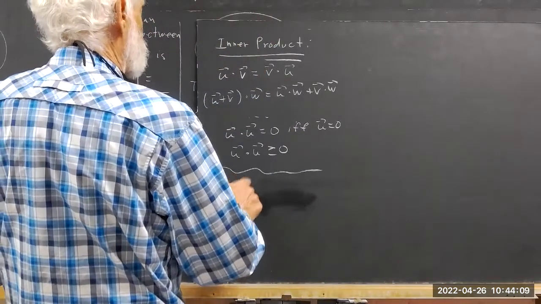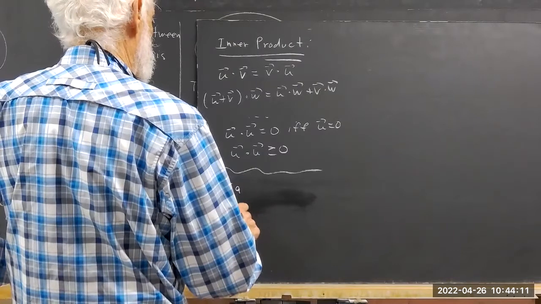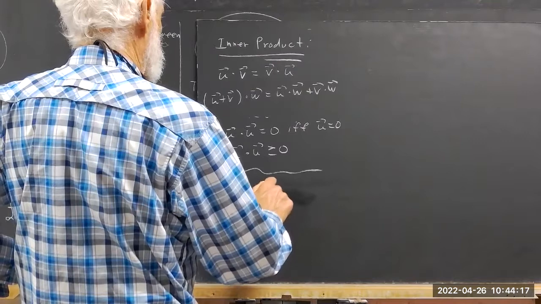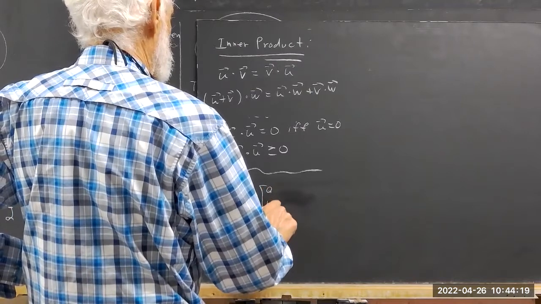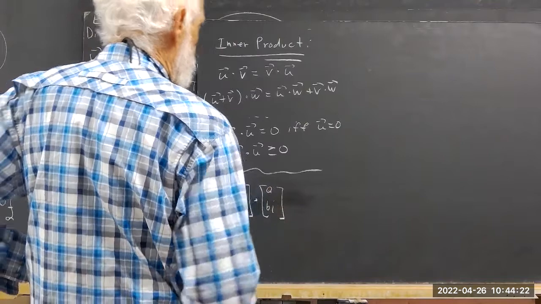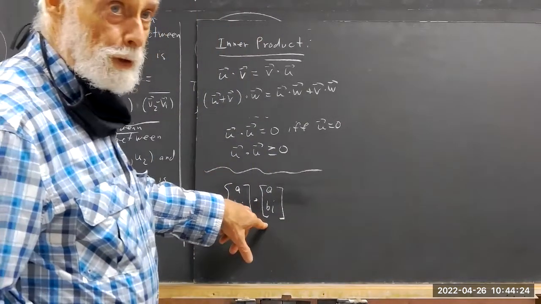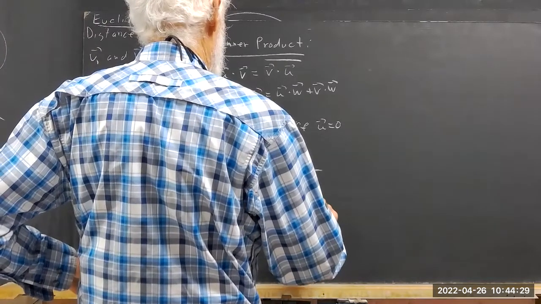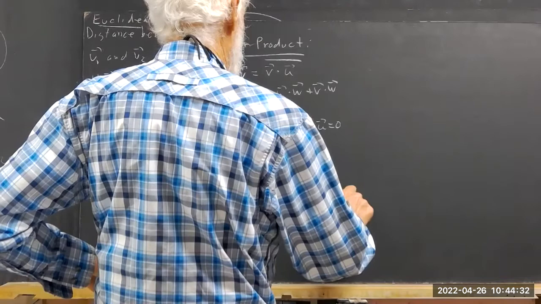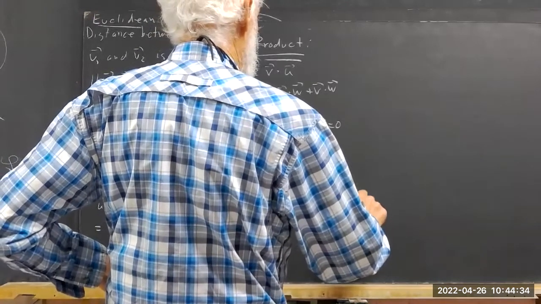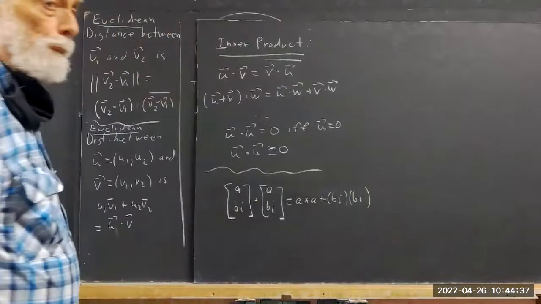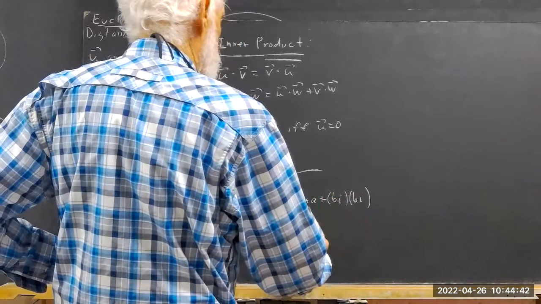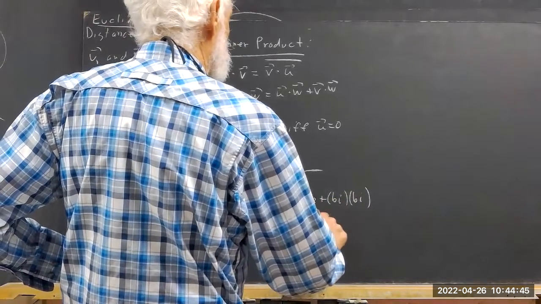Let's say we've got a two-dimensional vector, A, B I, dot A, B I. This wouldn't work as an inner product because this is A squared minus B squared.